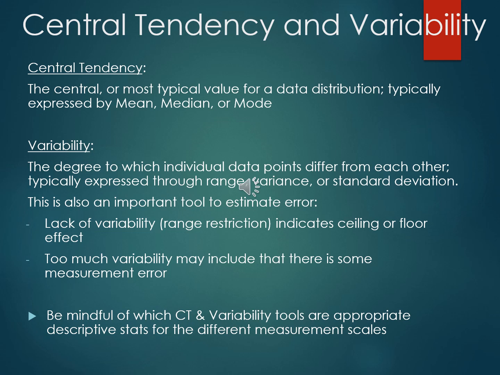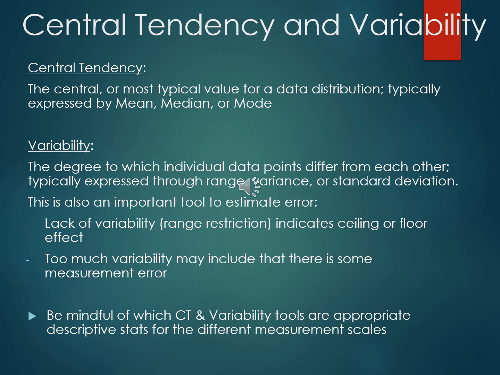In the results sections, data are described using central tendency and variability. Recall that central tendency is the central or most typical value for the distribution. So it's mean, median, or mode. You need to pay attention to which of these is most appropriate given the situation.